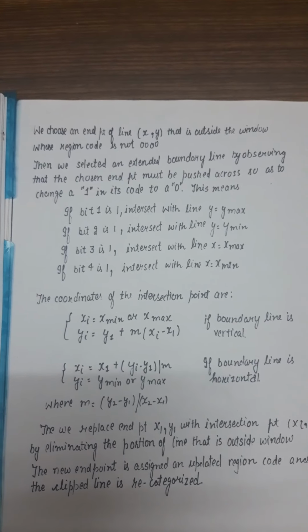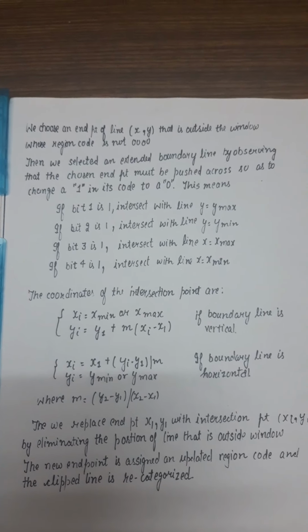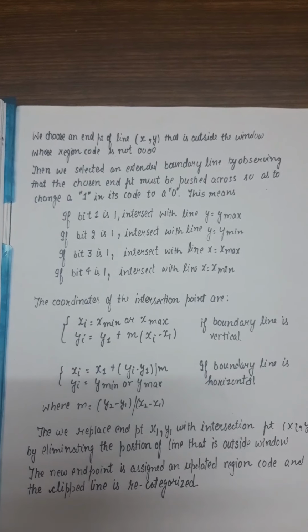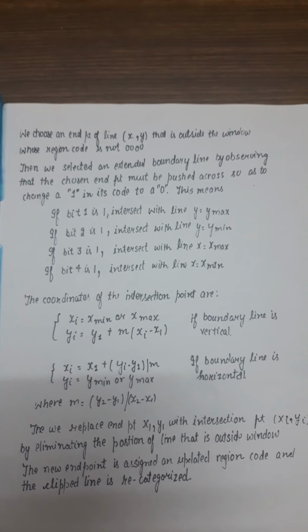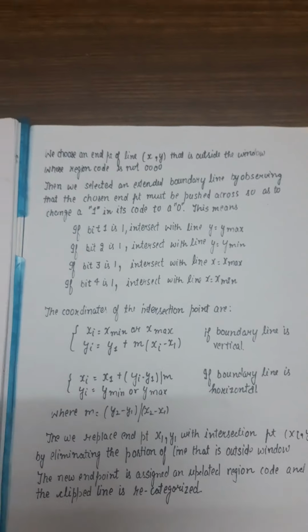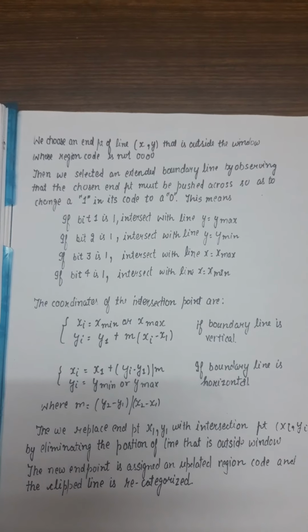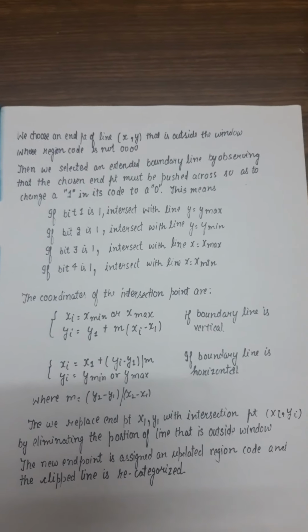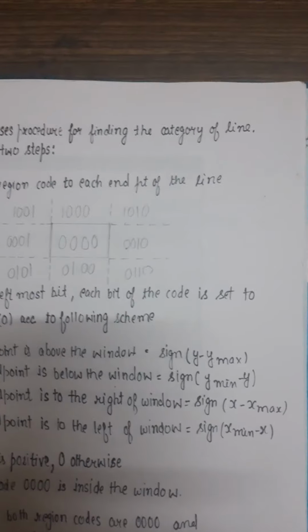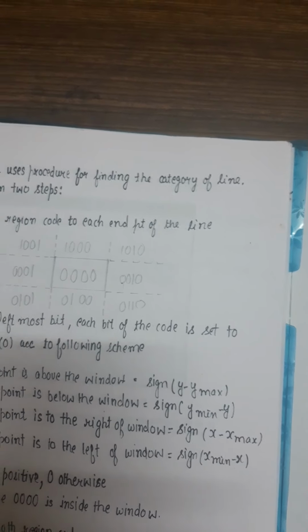Then we select an extended boundary by observing that the chosen endpoint must be pushed across so as to change a 1 into 0. Since we know that if the code has a 0 value, it will be visible, for the lines where the code is 1, we should change them into 0 so that they become visible, right? And the extended boundary is defined by the dashed portion outside the clipping window, right?